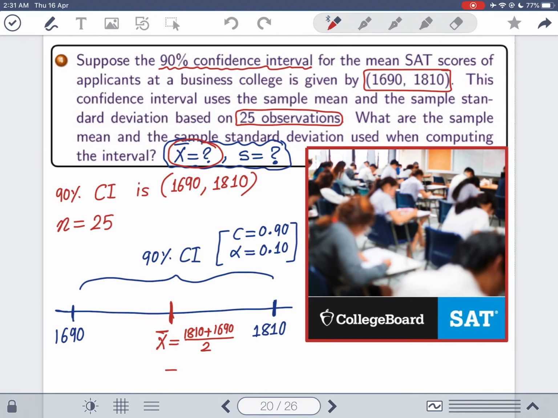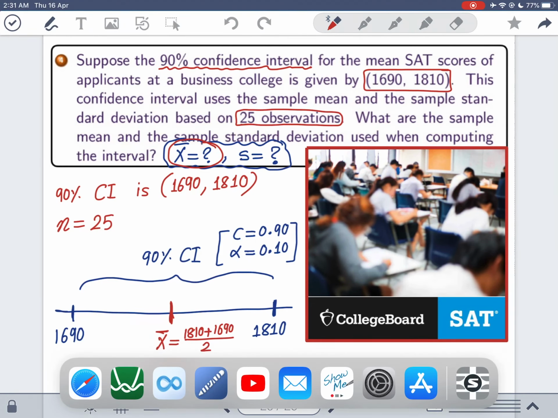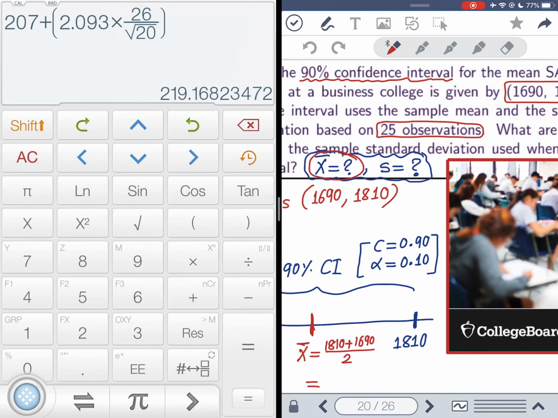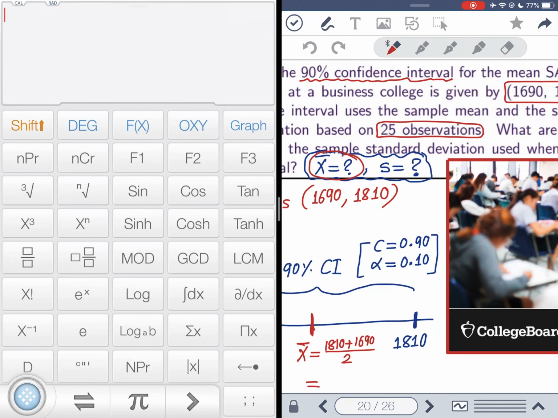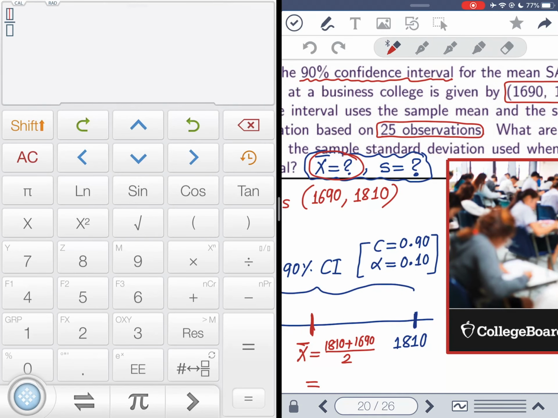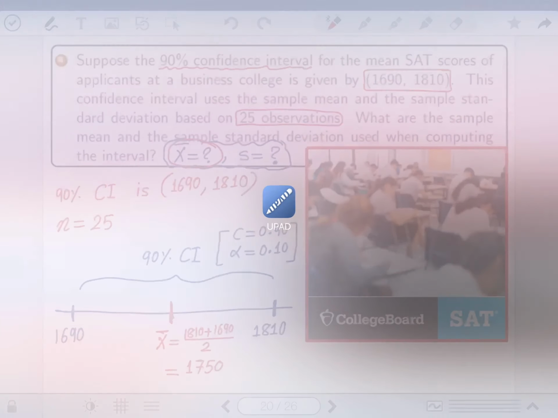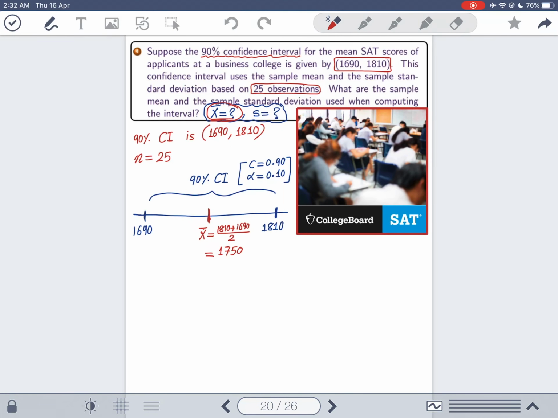Let's use the calculator: 1810 plus 1690 divided by 2 equals, very nice, it's a whole number, 1750. So we have actually solved the first part, what is the sample mean.